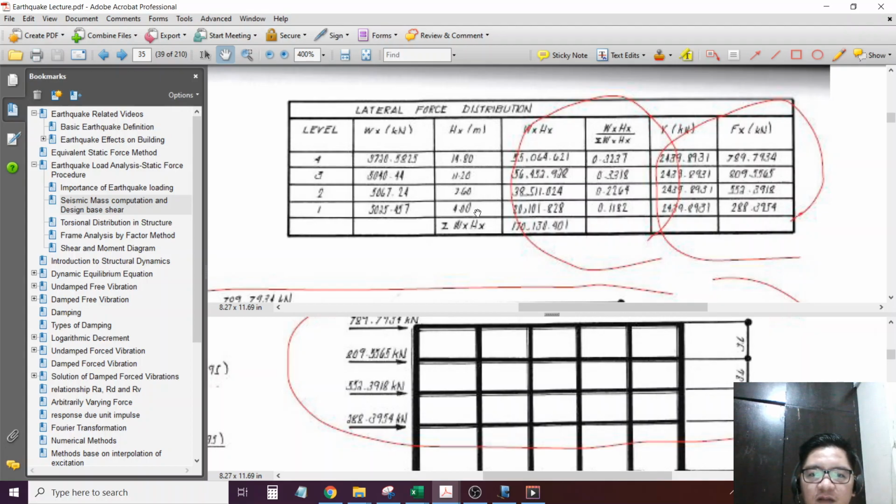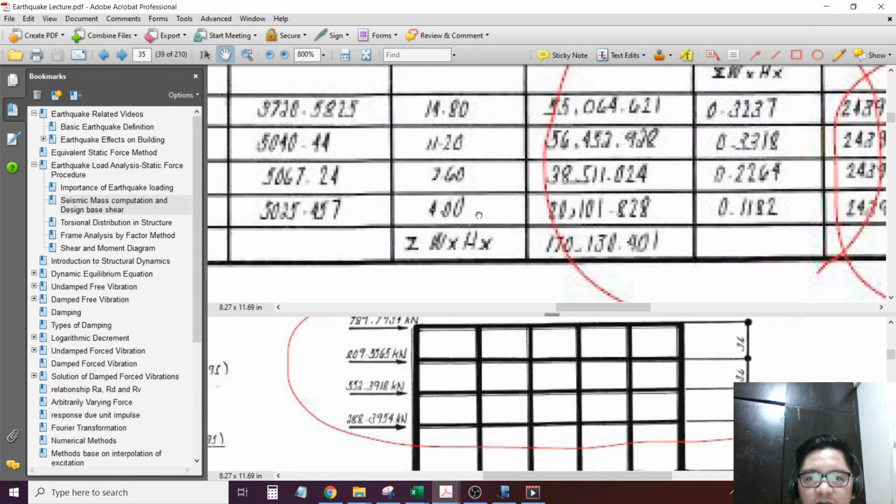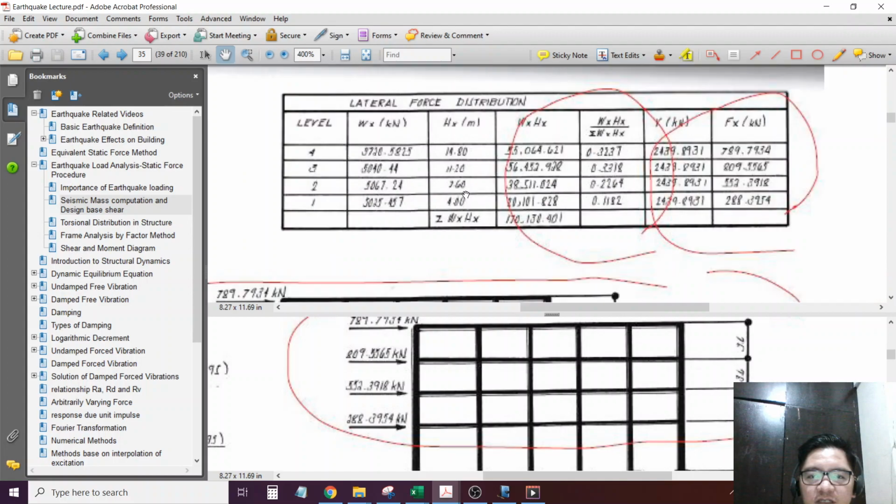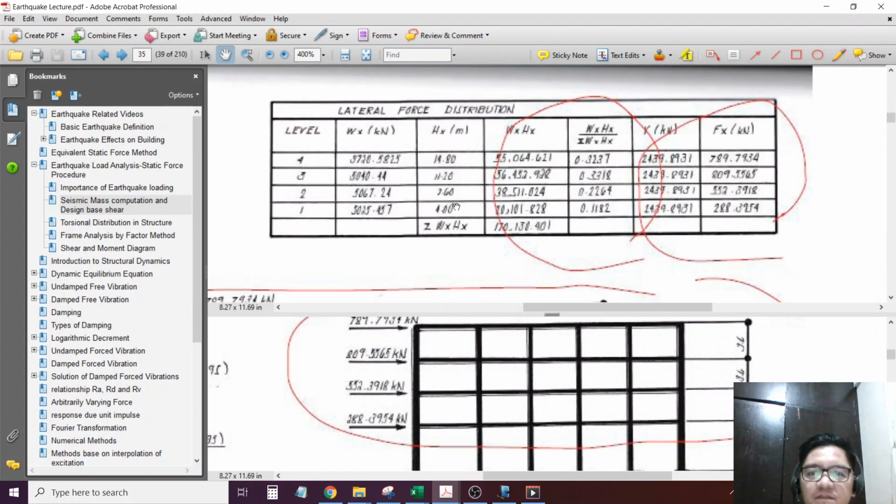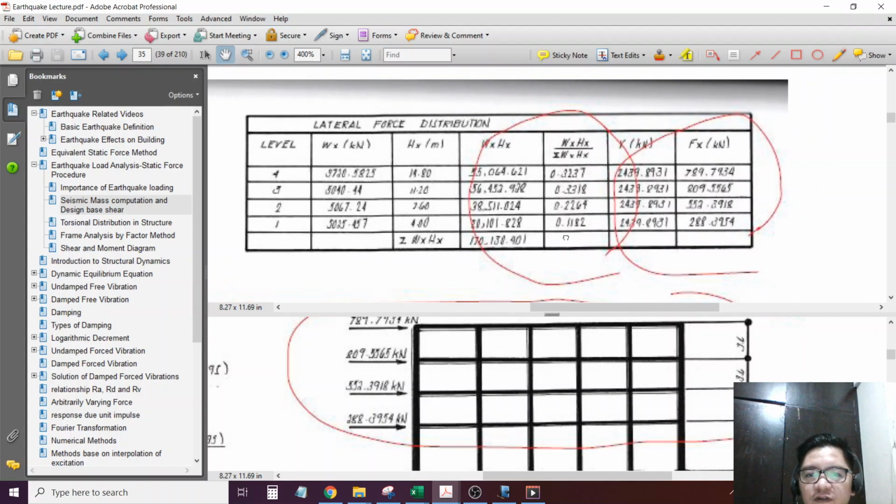And then si level 1, this is 7.6 and then this is 4. Okay, Wx times Hx. Then get the summation of that. Then apply this formula, this over this, so on so forth.